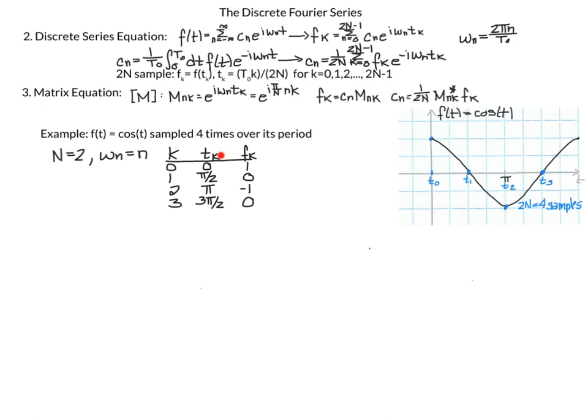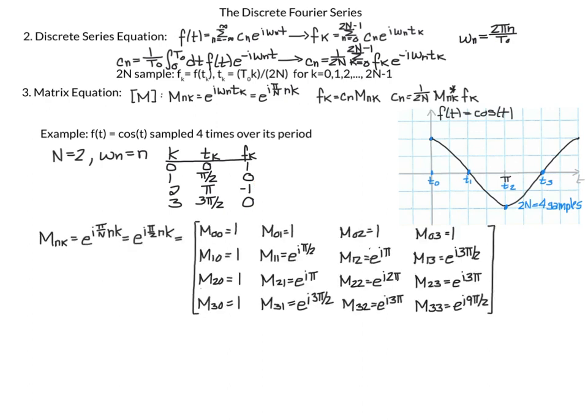My t sub k, as I mentioned, is no longer equal to k, it's equal to 0, pi over 2, pi, and 3 pi over 2, as we have over here in this drawing. And our f of k, which we just read off of our drawing, is 1, 0, -1, 0. And now I'm ready to use my formula for the matrix nk, and I always use this formula here.